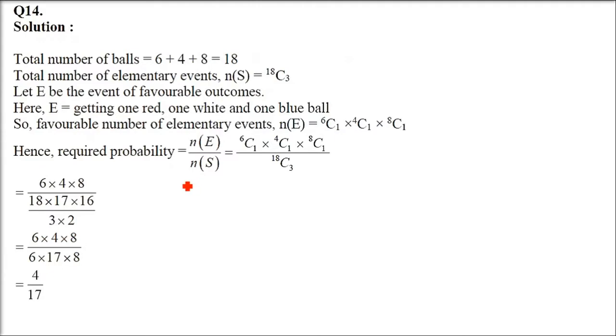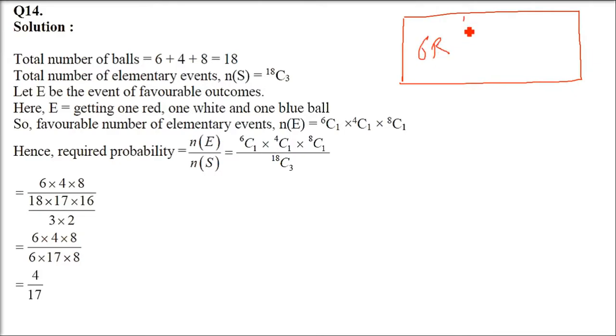Now the 14th question. A bag contains 6 red, 4 white and 8 blue balls. So let us make a box here to understand the question. We have 6 red, let us write it as 6R. The line is just for letting you know what is going on. They are together.